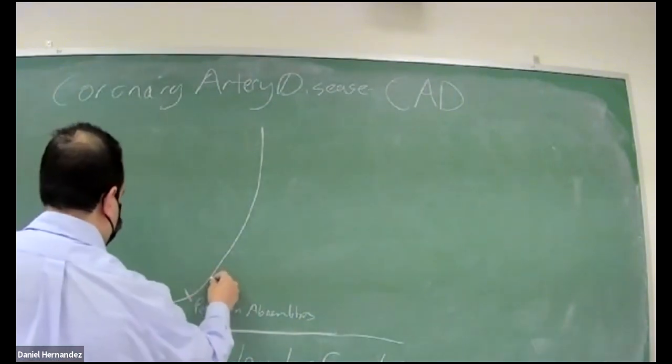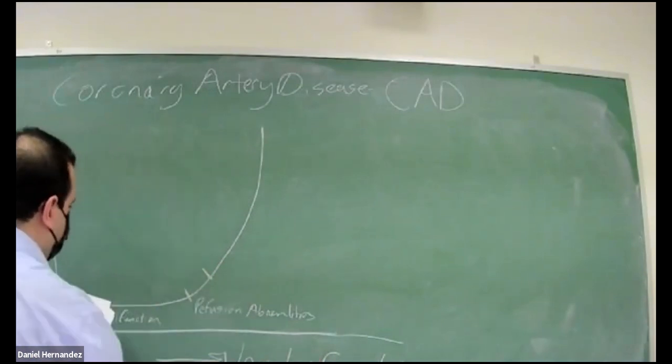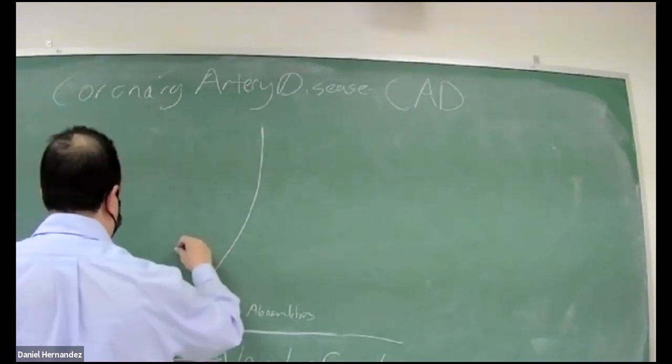But the first thing that we're going to see as the level of ischemia increases is diastolic dysfunction.